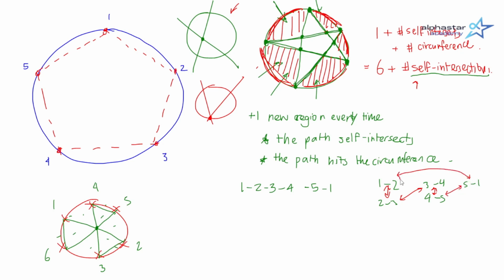So really, how many possible pairs of these lines can intersect? Well, for example, 1, 2 can intersect with, and let's draw that here, 3, 4, 5. It can intersect with any edge that doesn't contain 1 and 2, so 3, 4, and 4, 5.